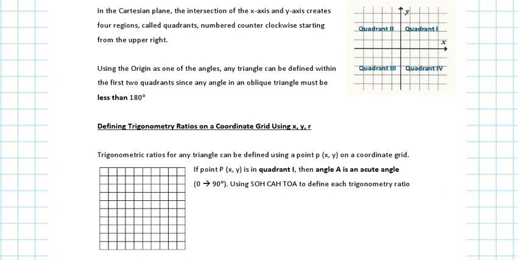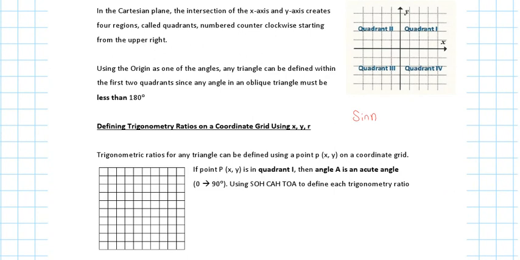The first thing is to define trig ratios on a coordinate grid using x, y, and r. So before we started with the coordinates or with the quadrants, sine is equal to what? Opposite over hypotenuse. And cosine?